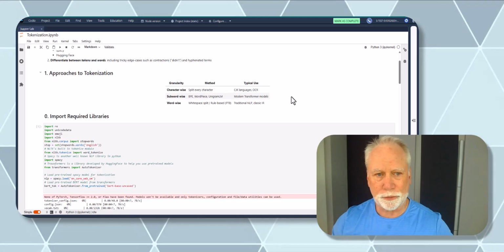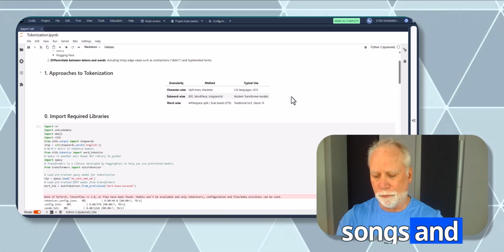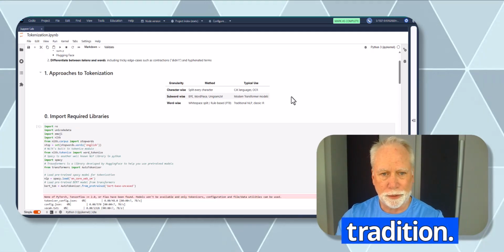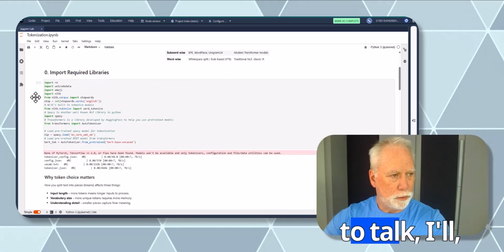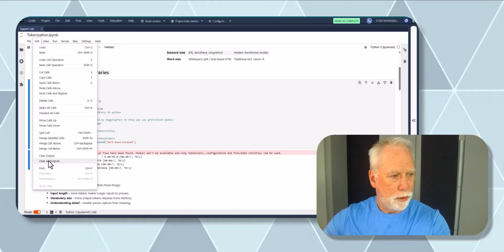And then word-wise, basically whitespace split, rule-based. There may be some rules to indicate where to split, and that's traditional natural language processing.